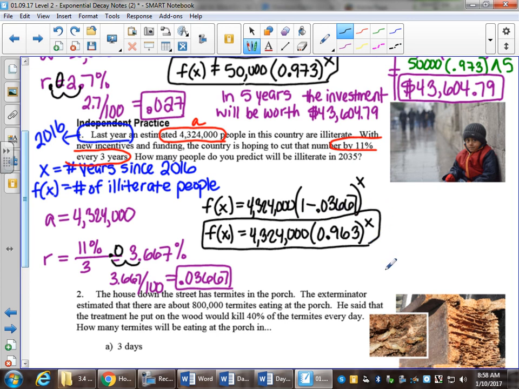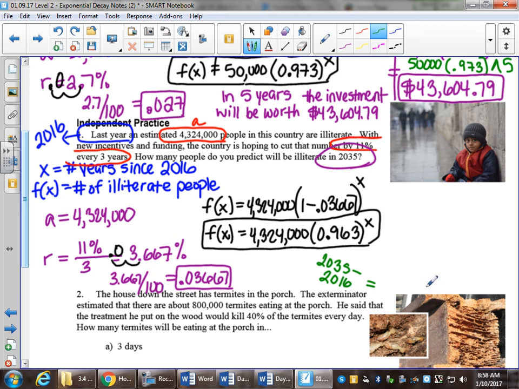We're now ready to use this model to answer this follow-up question about how many people you predict to be illiterate in 2035. My 0 year is 2016. So off to the side, we need to do 2035 minus 2016 to figure out how many years that is. So go ahead and do that subtraction in your calculator.